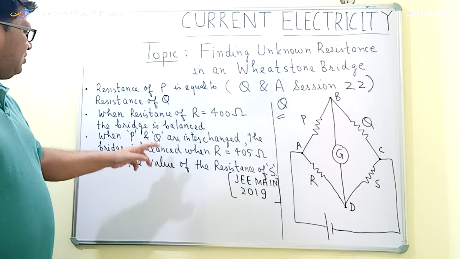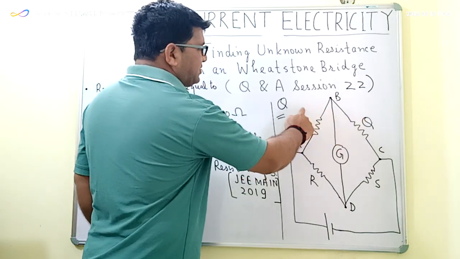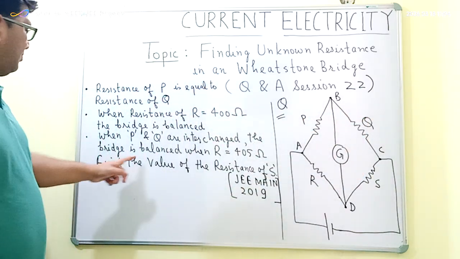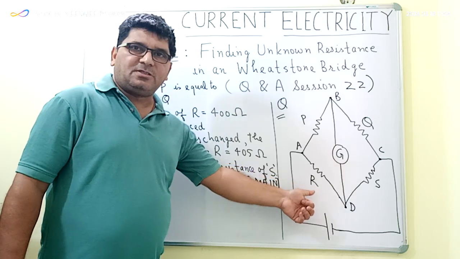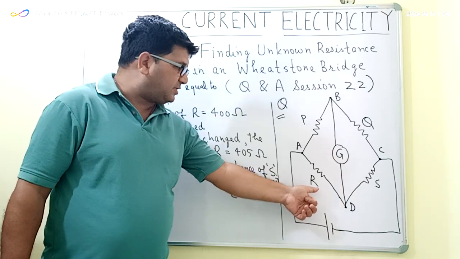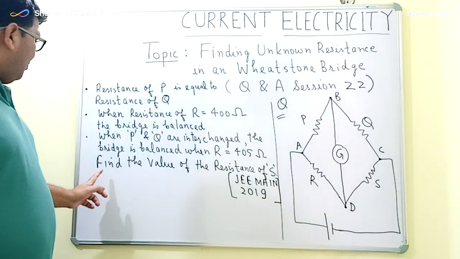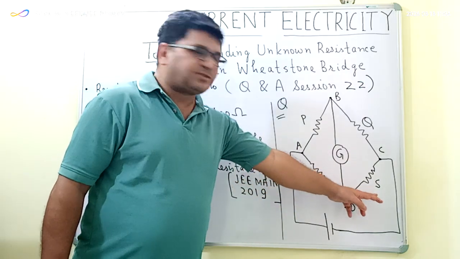But when P and Q are interchanged, that is, when this resistor is placed here and this resistor is placed here, then in that case the bridge is balanced when the resistance of this resistor is equal to 405 ohm.